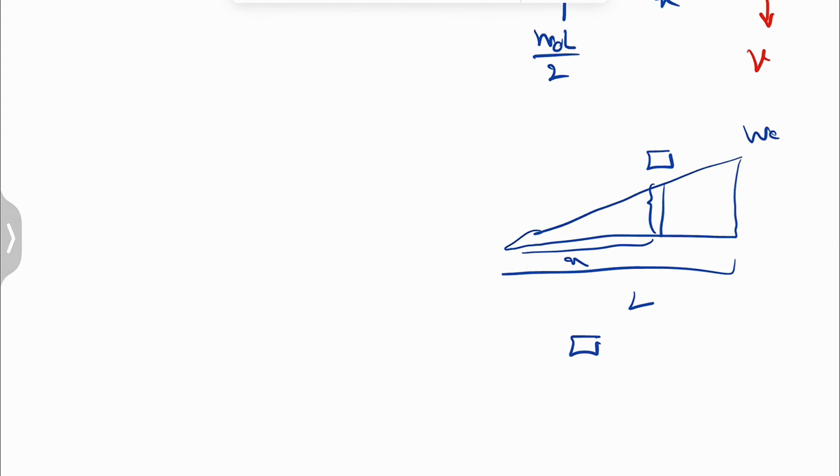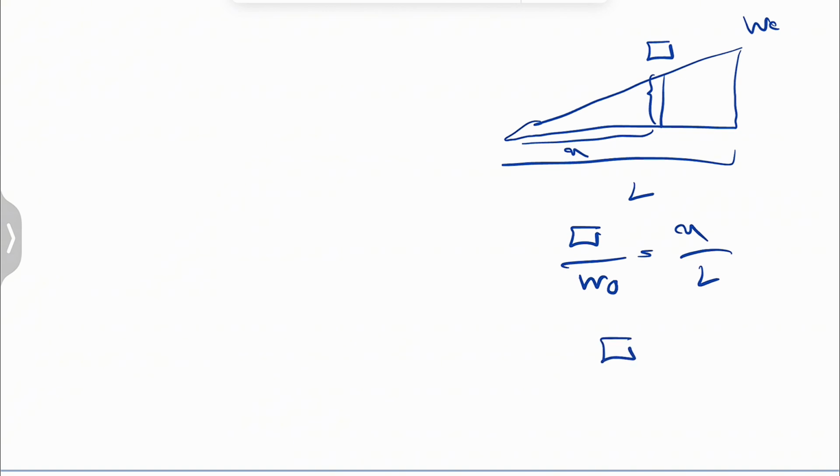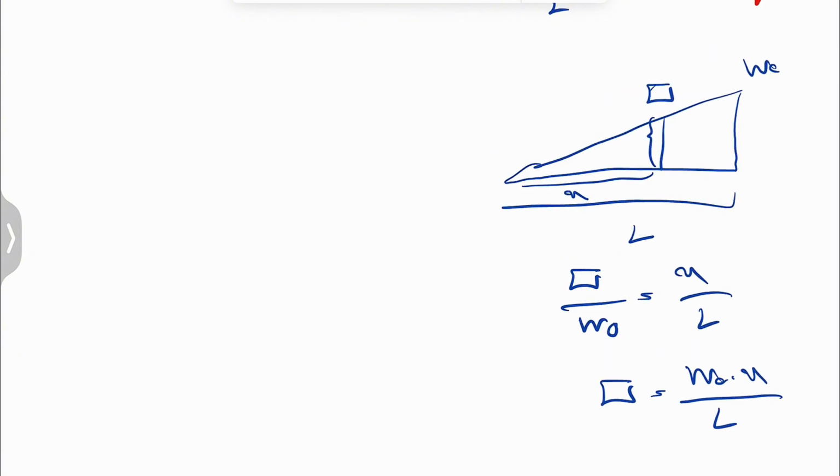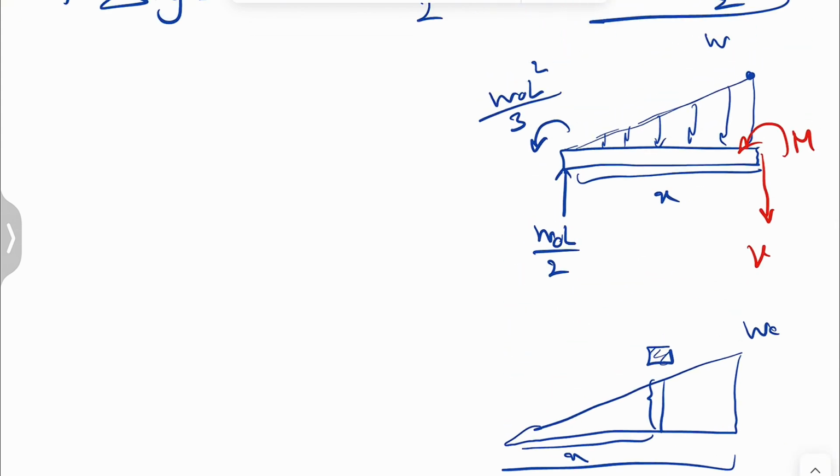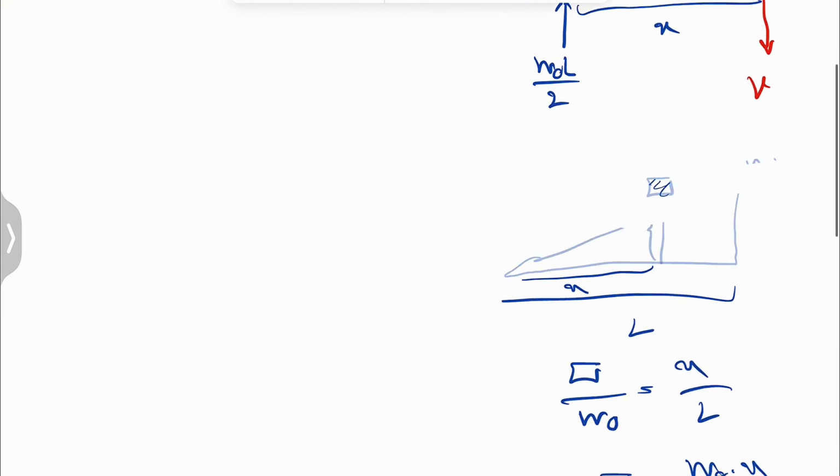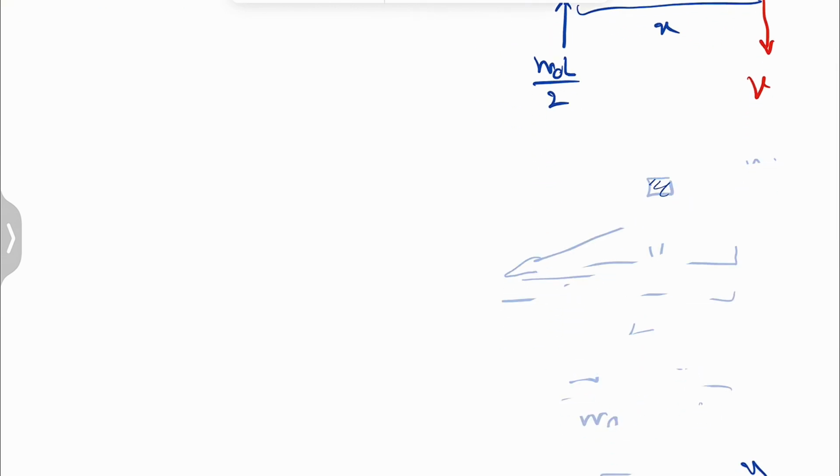From the geometry, square over W0 is equal to X over L. So just cross multiply this. Our square would be W0 times X over L. We need to keep in mind that the value we have for the square is very important. So what we have here is W0 X over L. Now that we have that, we're good to go.